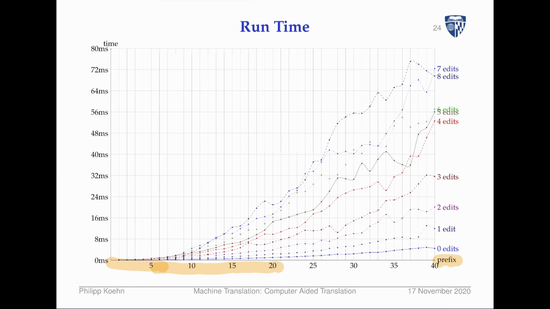And then different colors are shown here, how many edits are there between the prefix and the lattice. What's the minimum number of edits? So if there's 0 edits, the prefix actually is in the lattice. 1 edit, there's 1 word that has to be changed to match the lattice, and so on. So you see here, the more edits there are, the harder it is to match the graph.